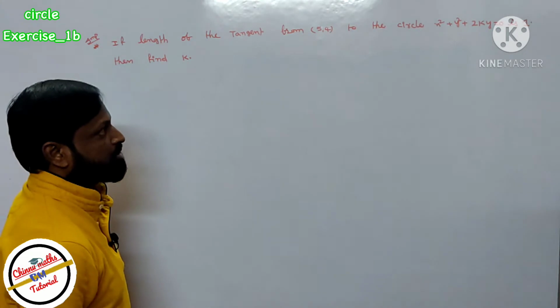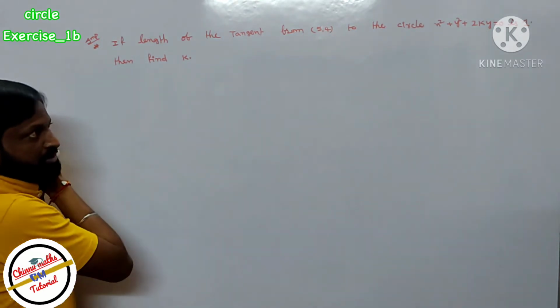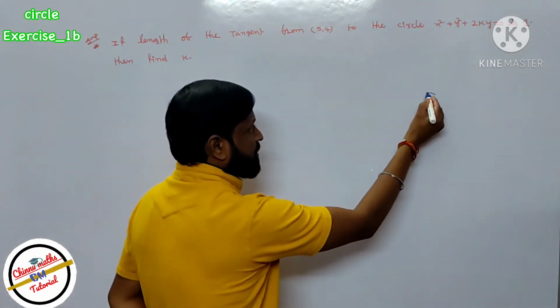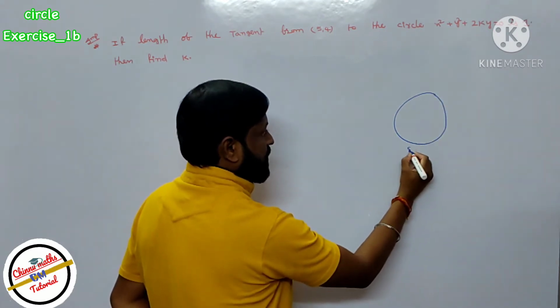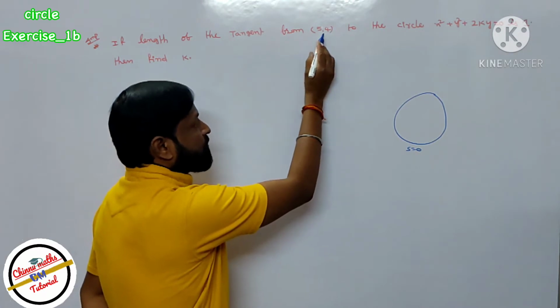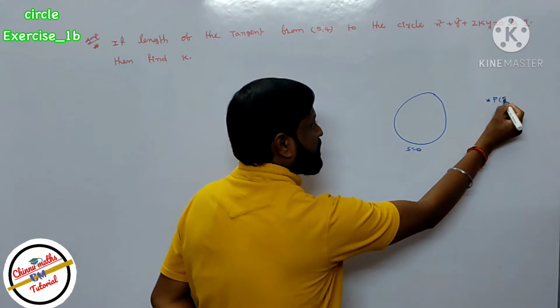Next question, if the length of the tangent from the point 5, 4 to the circle x square plus y square plus 2ky equal to 0 is 1, then find the k value. See here, what is given: the circle S equal to 0 and the point P equal to 5, 4.